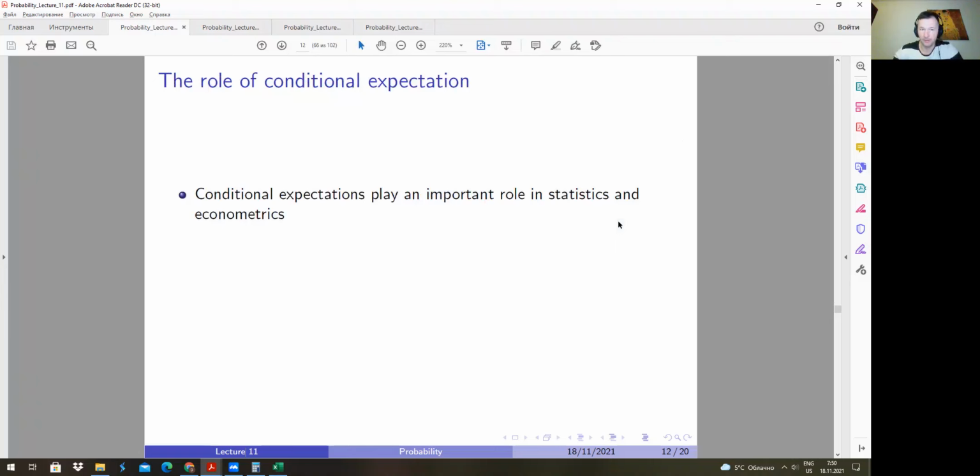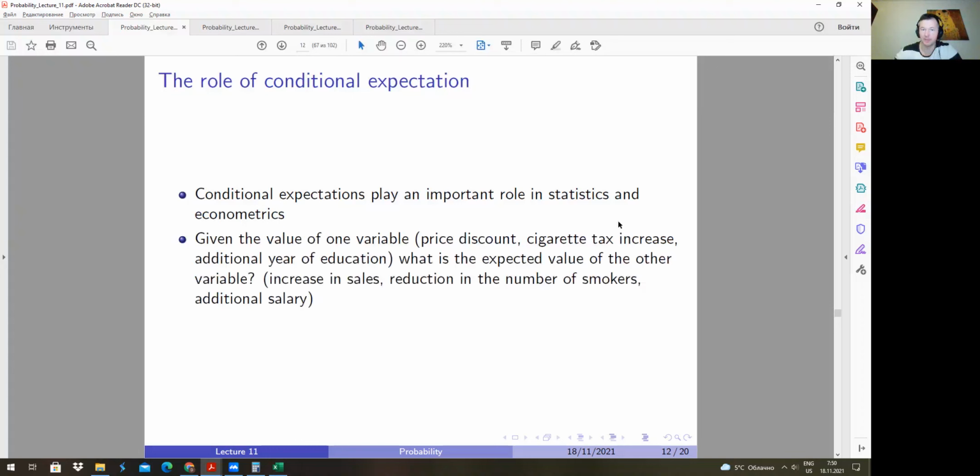The conditional expectations play a very important role in statistics and econometrics. Why? Let's see the example. Given the value of one variable that I know, given x2, for example, price discount or cigarette tax increase or additional year of education, what is the expected value of the other variable? For example, increase in sales. So if I want to impose a 20% discount, how much increase in sales can I expect?